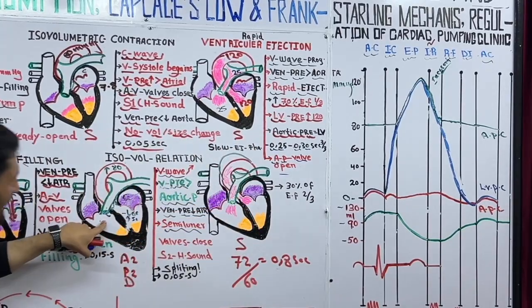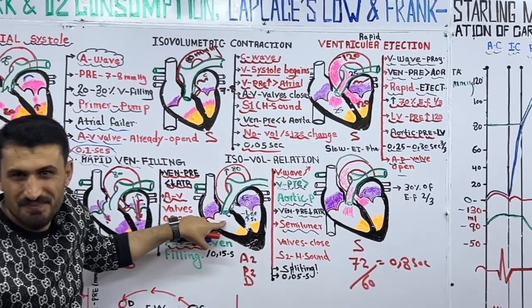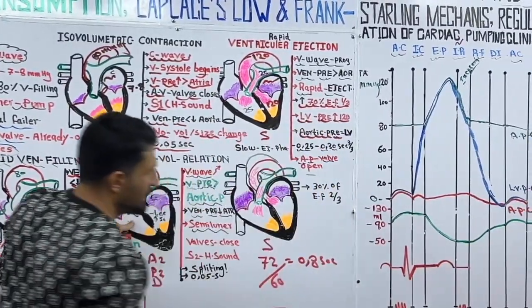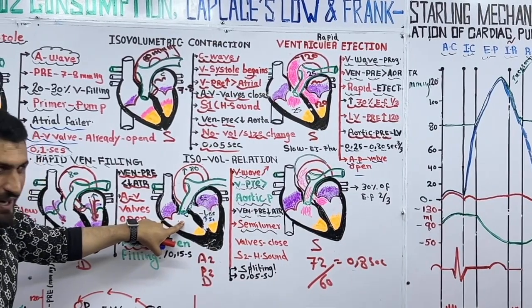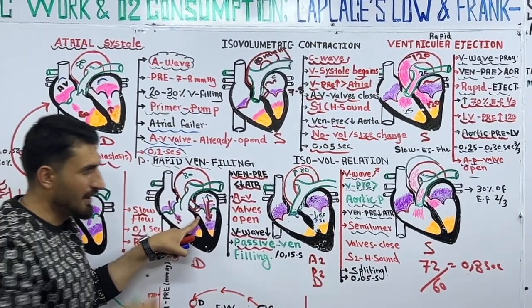So I'll reach down to 50 ml. Now in this phase, which is the isovolemic relaxation phase, there is no change in volume, so no change in the curve of left ventricle volume. Got it? Now come here, rapid ventricular filling occurs.